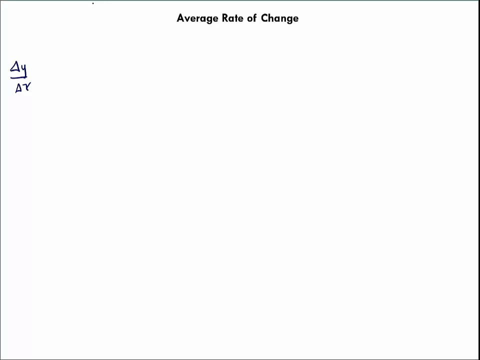We say that we had a function, and here is our interval. So this becomes my f of x2 minus f of x1 all over x2 minus x1.